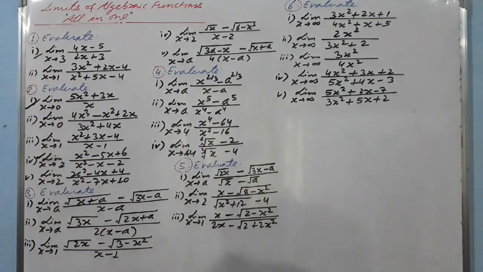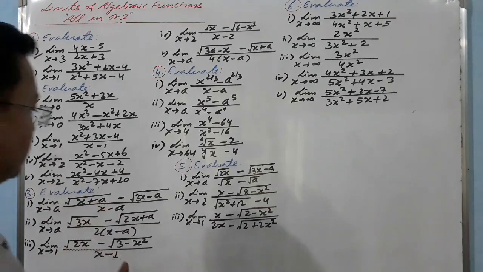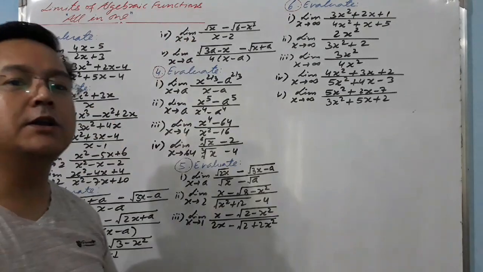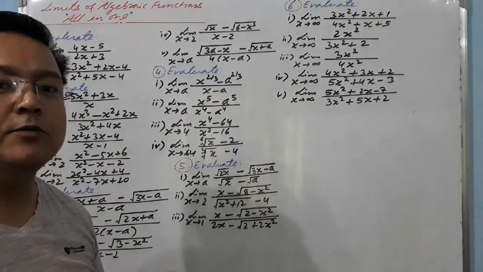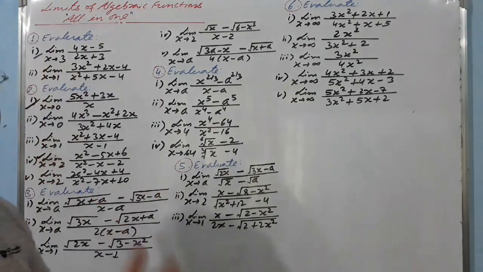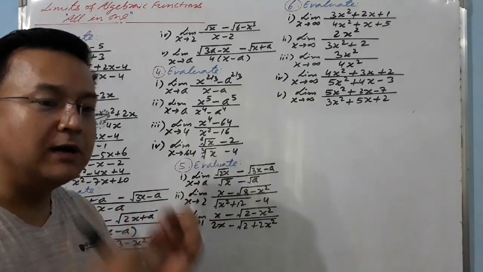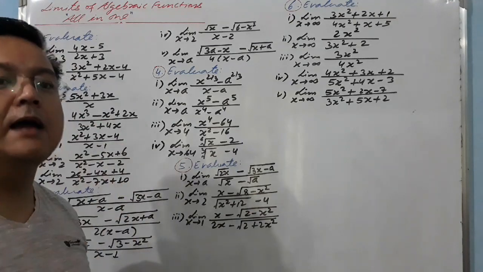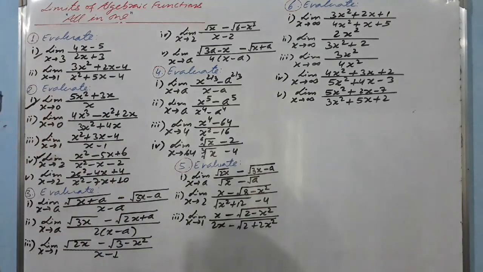So how to simplify? So always you need to rationalize here. Either from numerator side you have to rationalize, or denominator. But in question number 3, you have to rationalize from numerator side. In another way we can say you have to multiply numerator and denominator of the function by the conjugate of the numerator.